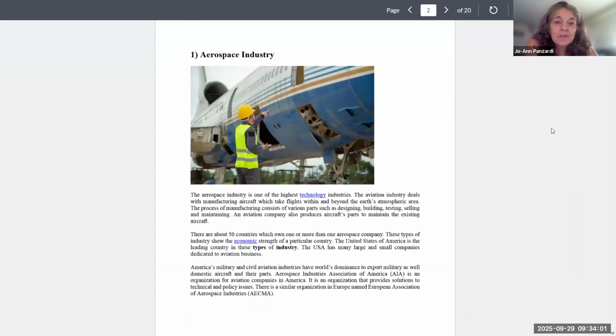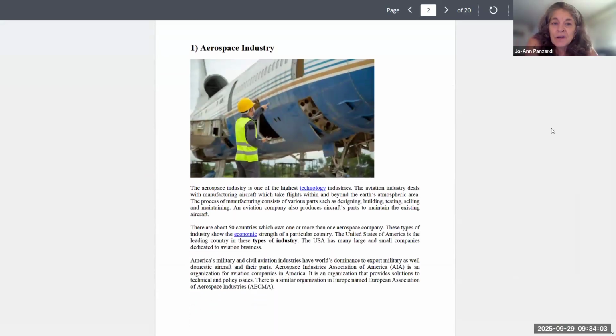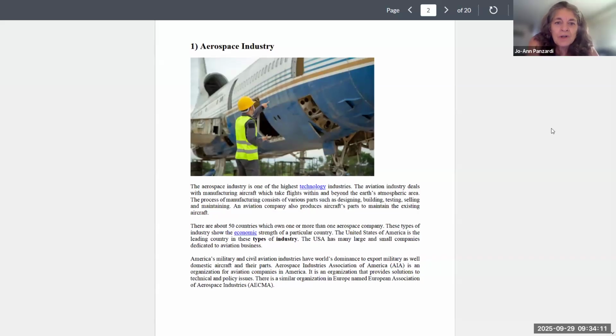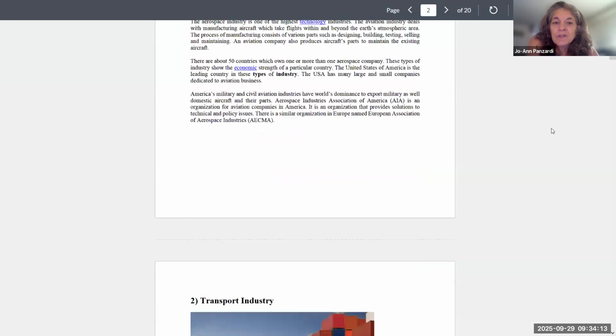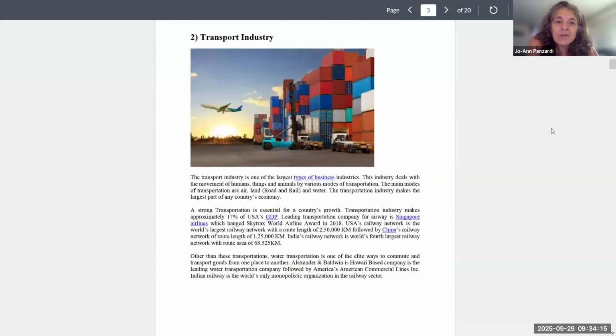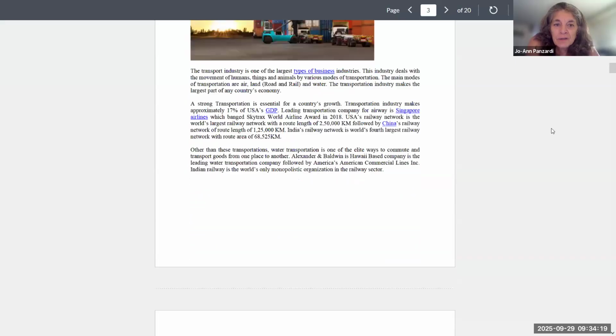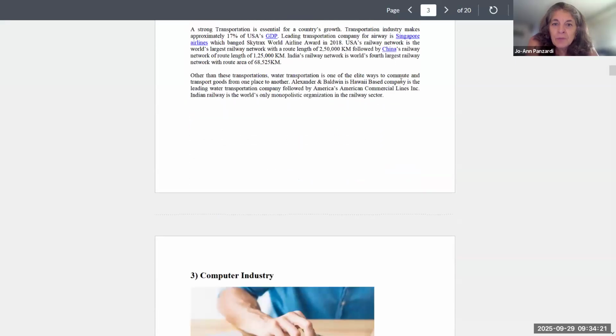So are you interested in working in the aerospace industry? You don't have to be an aerospace engineer. You could be a mechanical engineer or an electrical engineer, a computer engineer, but is working in the aerospace industry interesting to you? Transportation. And there's definitely blurbs here that you could read.